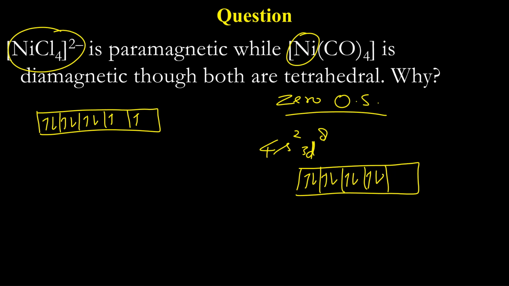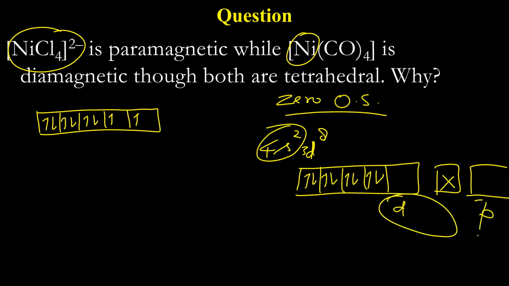But if the configuration is like this, it should be dsp2 and it should be square planar, isn't it? It should be here d and then s and then p. But remember, there are electrons in s. It means this configuration is not possible, that d and then you don't use s and you use p. The reason is the difference in these two energies.